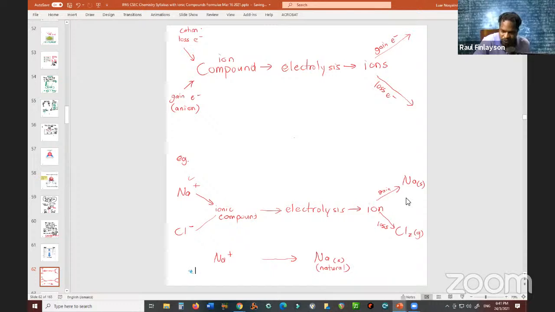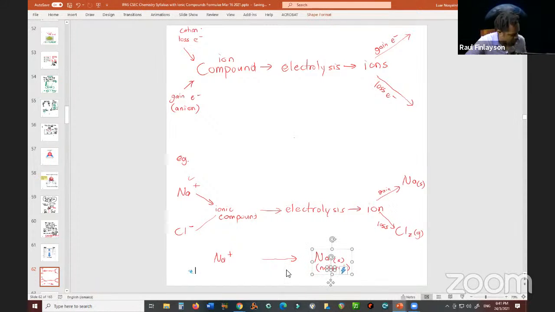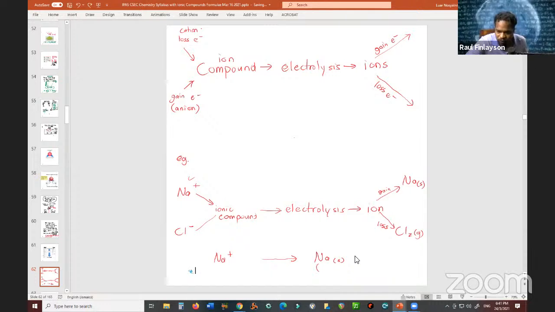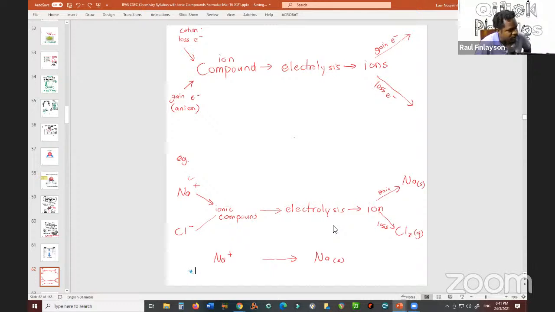Let's focus on the equation itself. So do we understand that when sodium is liberated, it will be a solid substance?